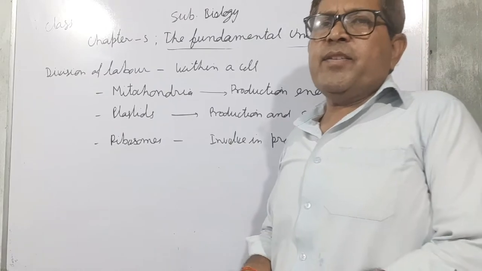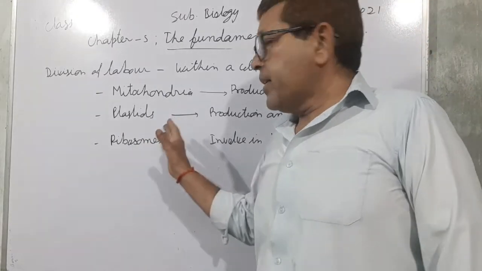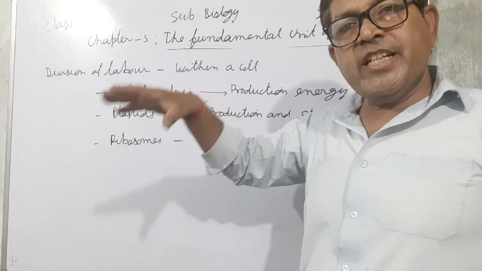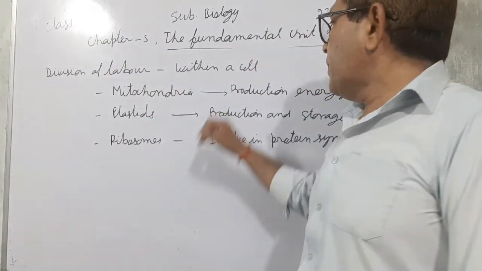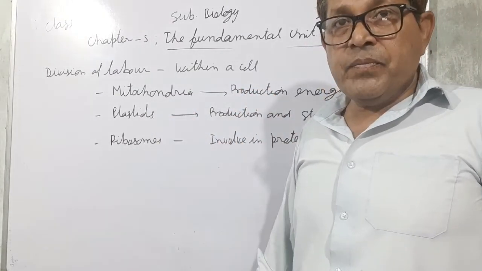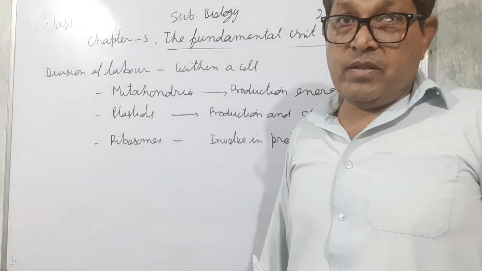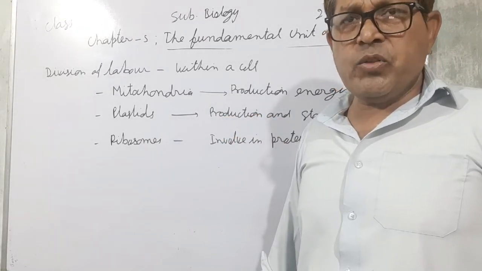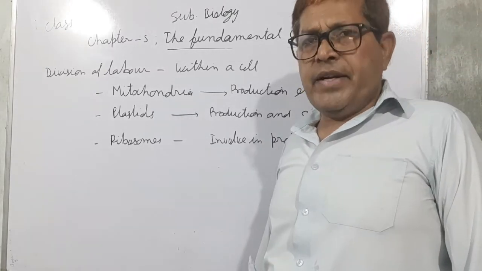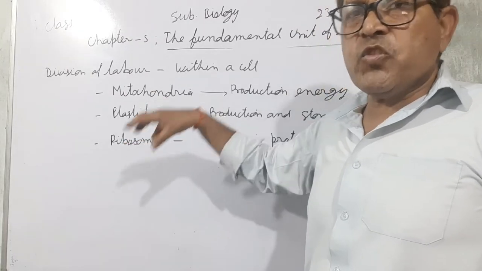It does not matter whether the organism is unicellular or multicellular, they have mitochondria. This mitochondria is specific in function; it will perform the production of energy. Plastids are involved only in the production and storage of food. They can store carbohydrates, proteins and fats.